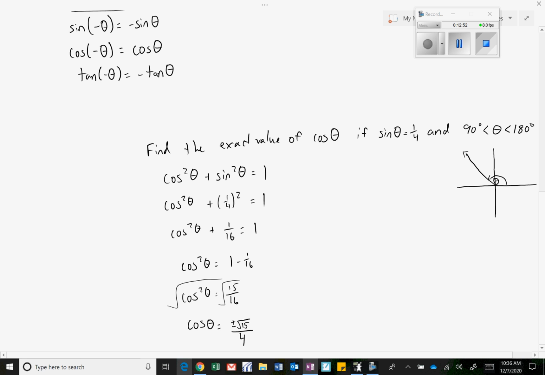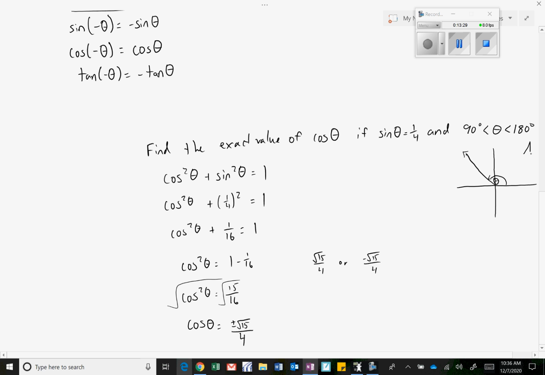Okay. So that means our answer is either going to be positive root 15 divided by 4 or negative root 15 divided by 4. And so the question is, do we have positive root 15 over 4, or do we have negative root 15 over 4? Well, if we think back to where theta is in the second quadrant, right? So if we are in the second quadrant right here, is cosine going to be positive or negative in this second quadrant?